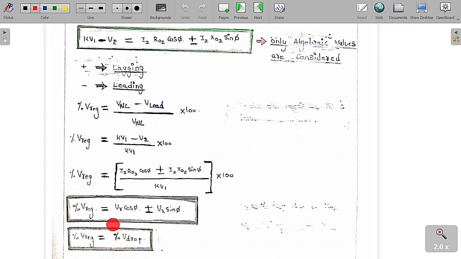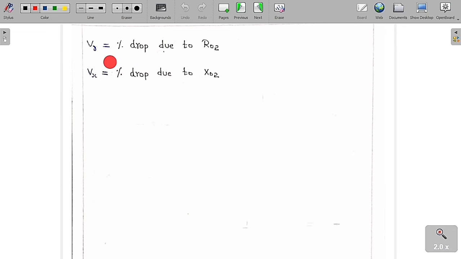So the percentage of voltage regulation is equal to the percentage of voltage drop across RO2 and XO2. VR is called the percentage voltage drop due to RO2, and Vx is called the percentage voltage drop due to XO2. This is the point that you always have to remember.